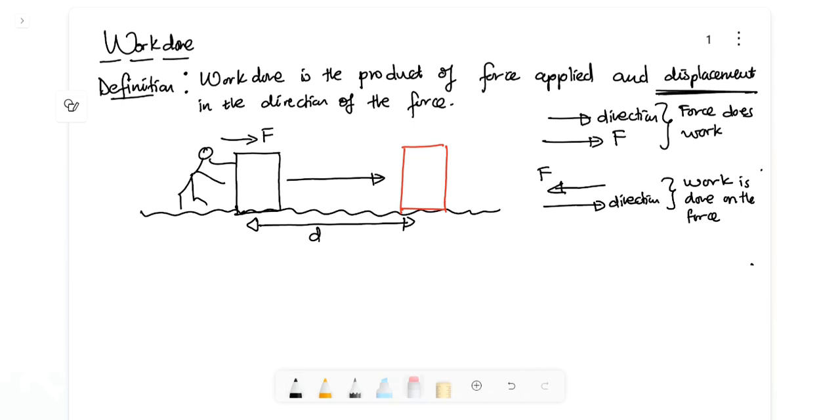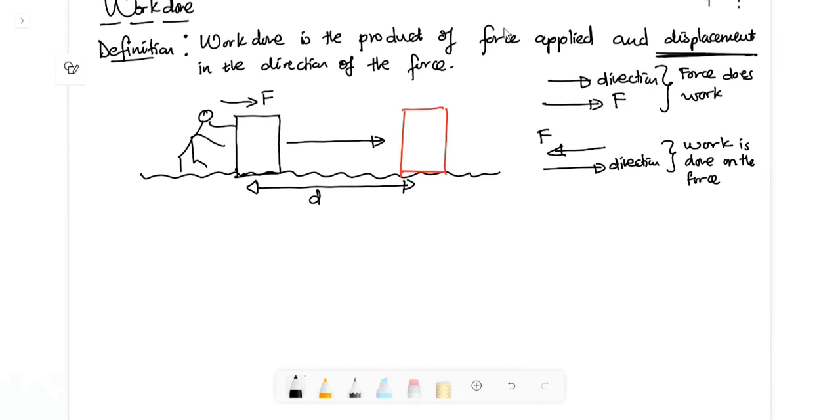Alright, let me just get rid of this. Now let's just move on to the idea of calculations, right? So we're saying work done is equal to the product of force times displacement, right? So someone can use S there for displacement, but D with the bar is still fine because it's showing that it's a vector quantity.